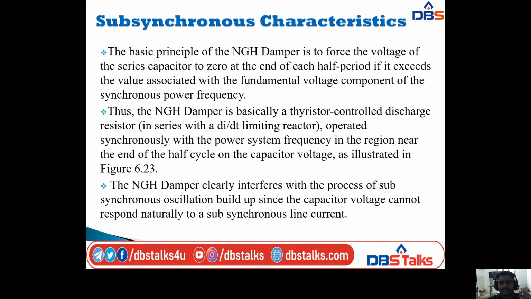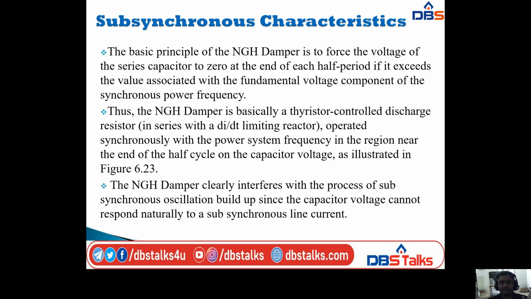Thus the NGH damper is basically a thyristor controlled discharge resistor in series with a di/dt limiting reactor, operated synchronously with the power system frequency F, in the region near the end of the half cycle of the capacitor voltage.